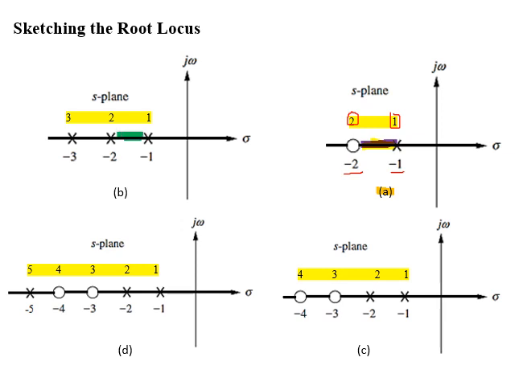Now according to the rule, root locus will exist to the left of an odd number of poles. So one branch of root locus will exist between the poles at -1 and -2, and a second branch of root locus will exist to the left of the pole at location -3.